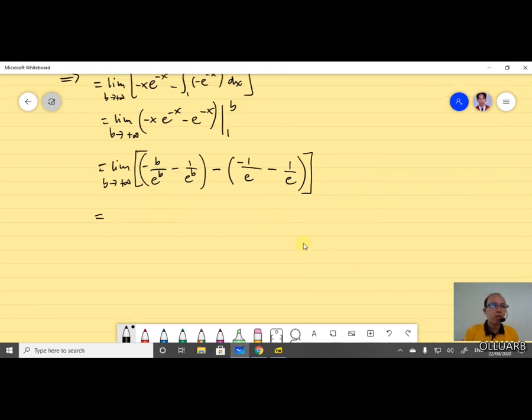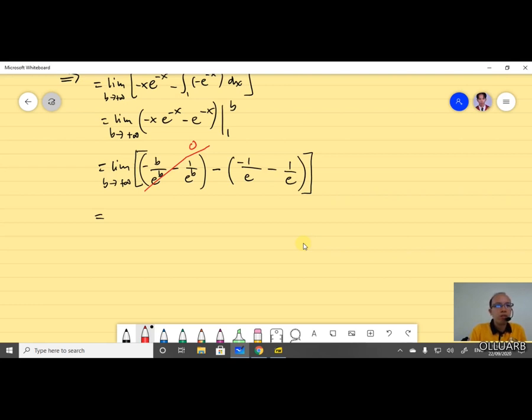So what happened here? So this will become 0, because as b increases, this becomes 0. This is much bigger than the numerator.